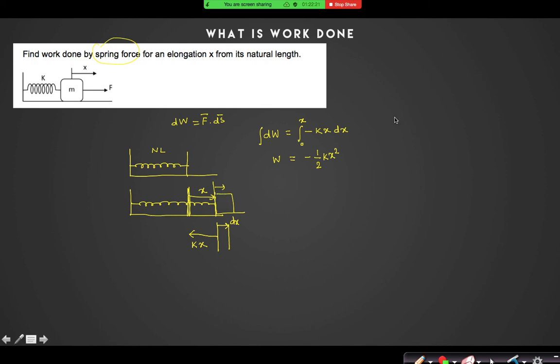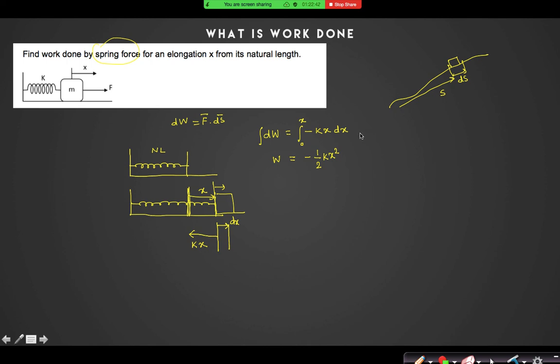Suppose, for example, in the last question, the particle was here, I have taken the displacement to be ds, or s?